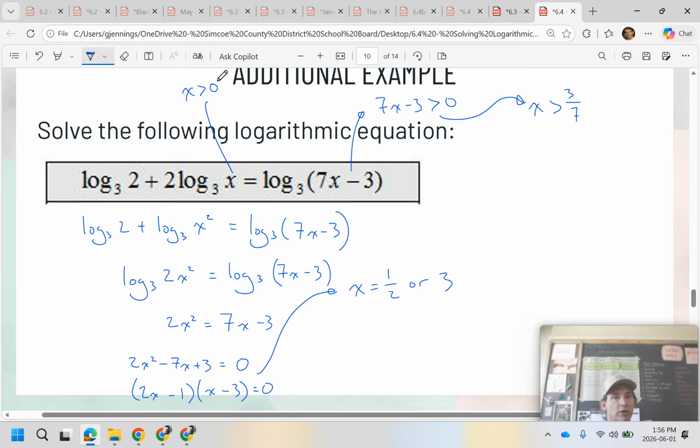We note the restrictions on x. x must be greater than 0 here, but 7x minus 3 must also be greater than 0, which means x must be greater than 3/7. When we apply power law here and bring that there, we get this. And then when we're adding exponents, we're going to move that in as multiplication. Beautiful.